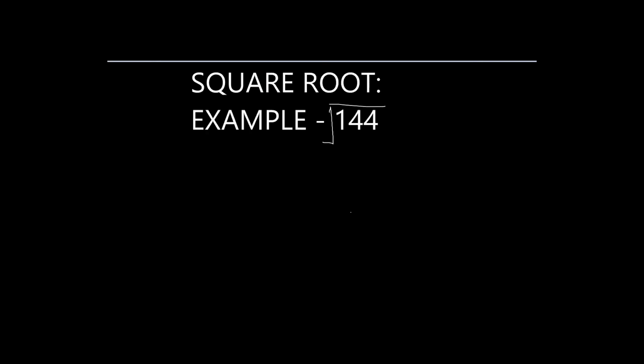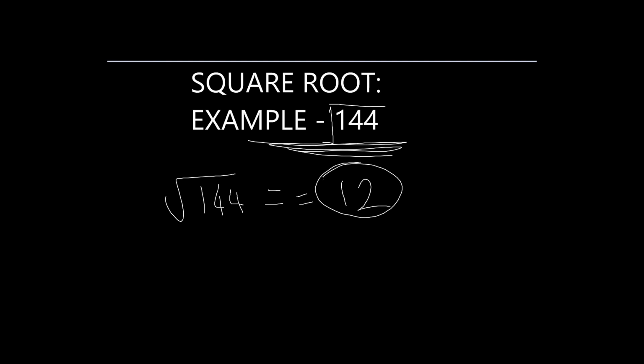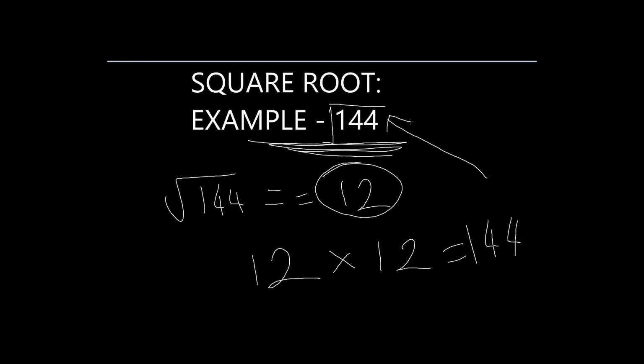Let's take the root of 144, for example. We know that this is 12 because 12 times 12, notice it's the same number, is 144, the number under the root. Notice that there's 2 numbers here, and therefore it's the square root.